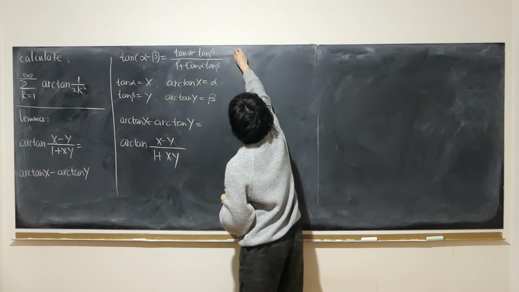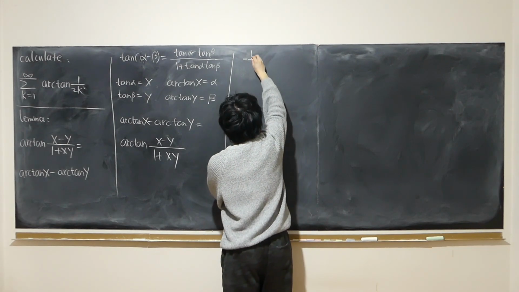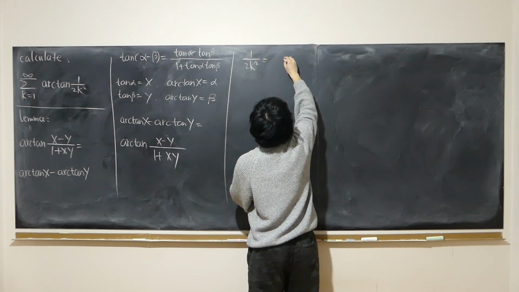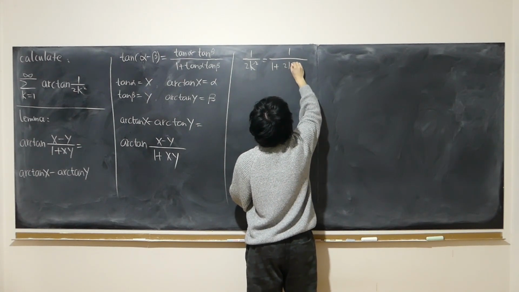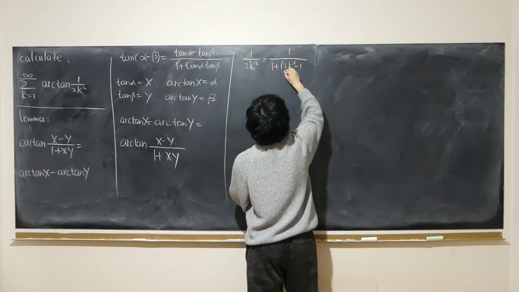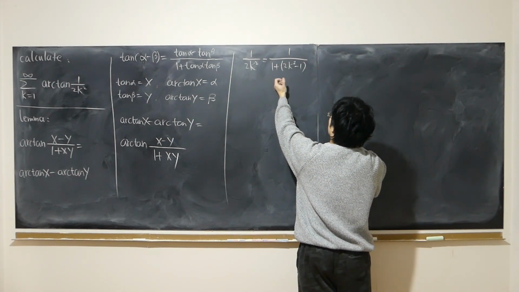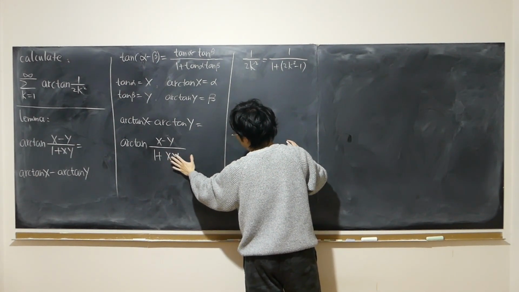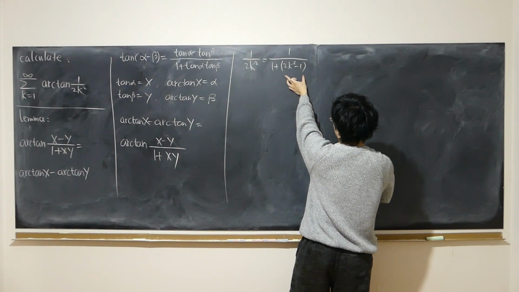So how about this: how about I let 1 over 2k squared equal 1 over 1 plus 2k squared minus 1, to make it the same. So can I write it this way, and then determine which is x and which is y, because I want to make sure that here I have x times y?